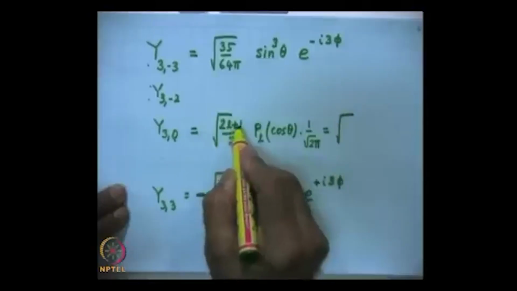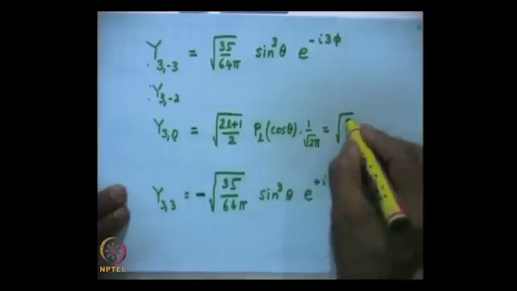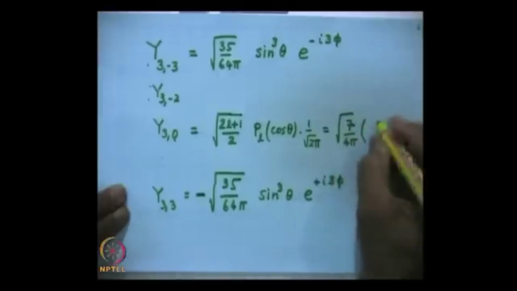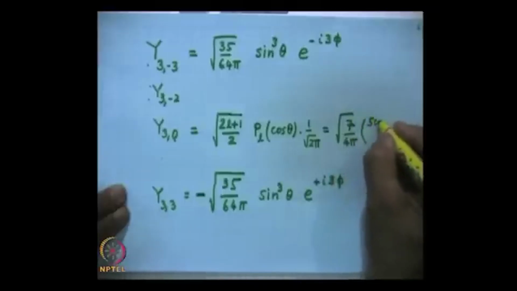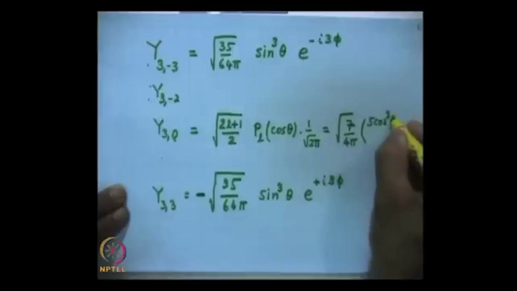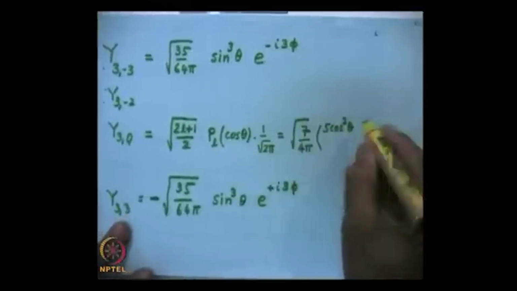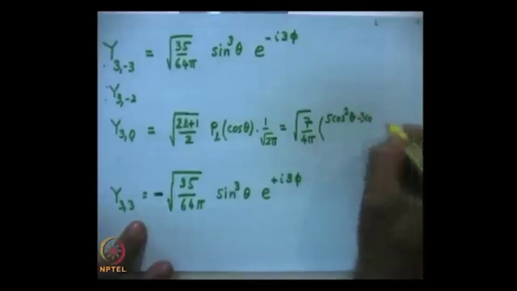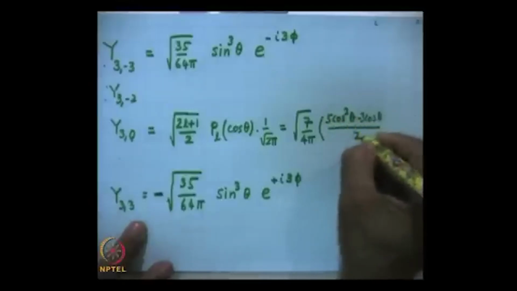So, 2 into 3 plus 1 is 7, 7 by 4 pi, and P_3 of cos theta is 5 cos cube theta minus 3 cos theta, divided by 2.